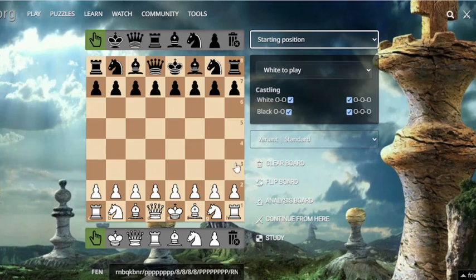When you're attacking, you can choose to attack the king side or the queen side or the center. So that's three areas on the board.